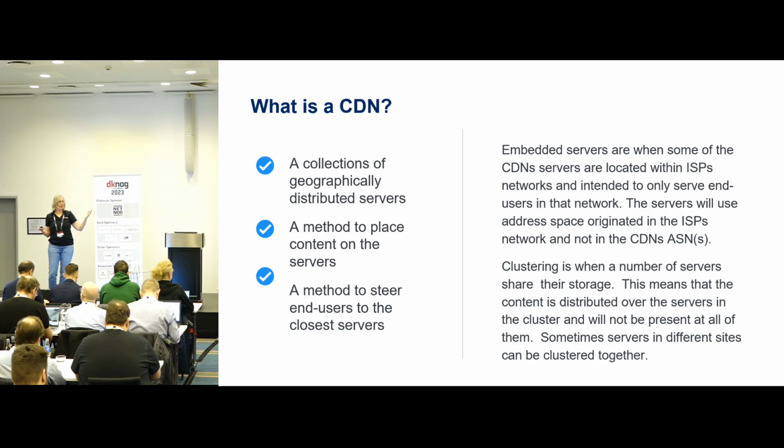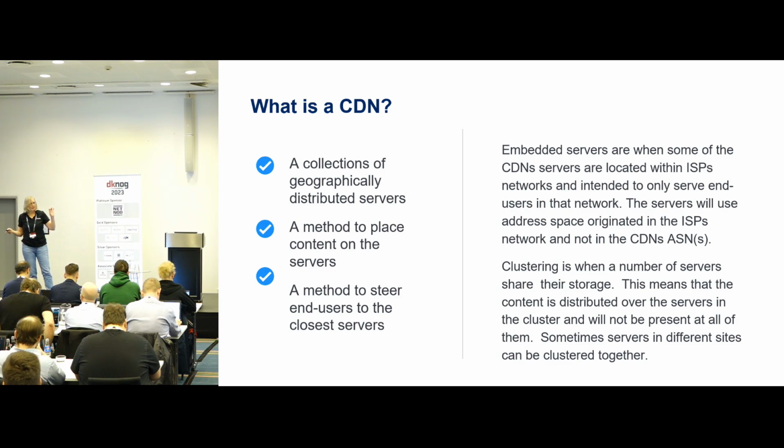When we talk about embedding, it is when you put those servers inside ISPs' networks, using IP space, or at least IP space originated in the ISP's ASN. So you're not seeing the CDN as its own network, but it is suddenly a part of somebody else's network. And finally, they're aimed at serving the customers of that ISP only and not everybody else on the internet.